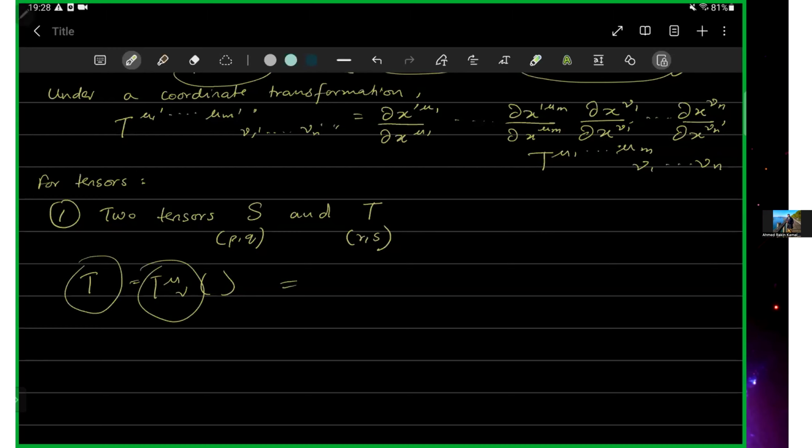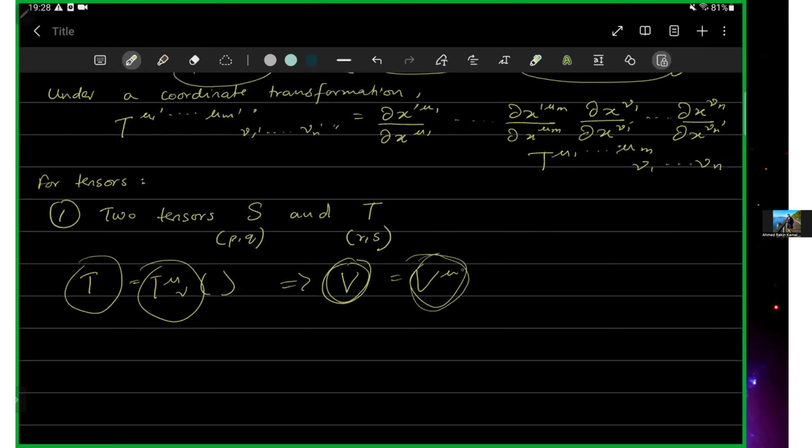Similarly, for vectors, this is the vector, and the ones with the indices are the components, right? So if you want V to be invariant under coordinate transformation, you need to make sure that V^μ transforms with a particular transformation rule.